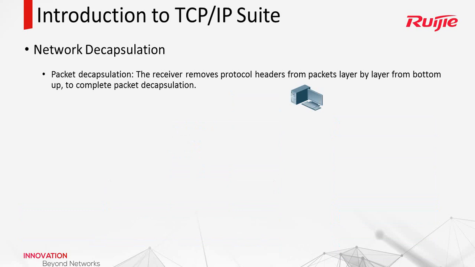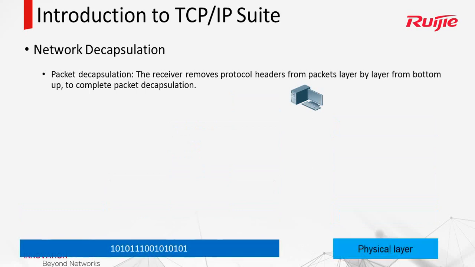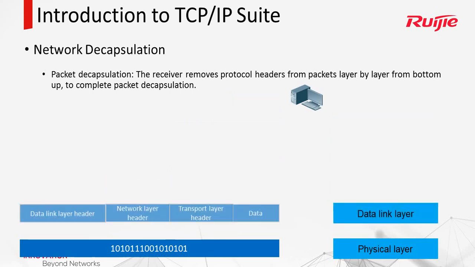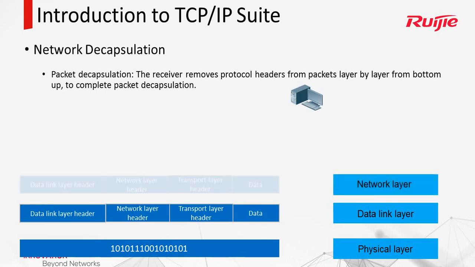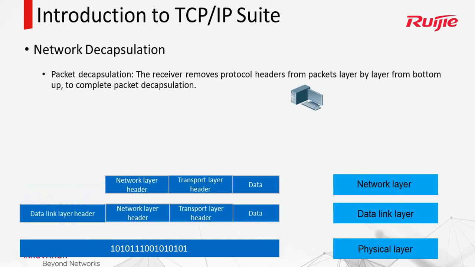When another PC receives the package, it also needs to decapsulate the data, then display the information to you. So first, when it receives the physical layer data, it will send it to the data link layer and remove the data link layer header.